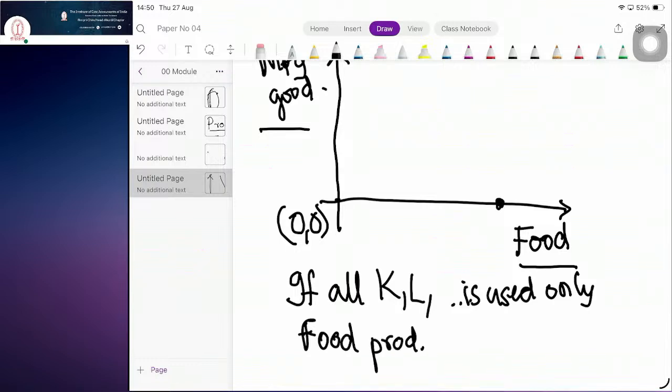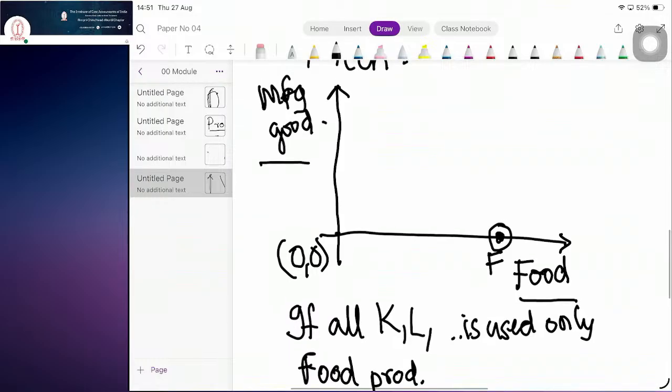Then I get a point like this. Let me call that point F. Only food is being produced. No manufactured goods are being produced. And imagine a situation like M, where the economy produces only manufactured goods. No food is being produced. Are you getting this idea?